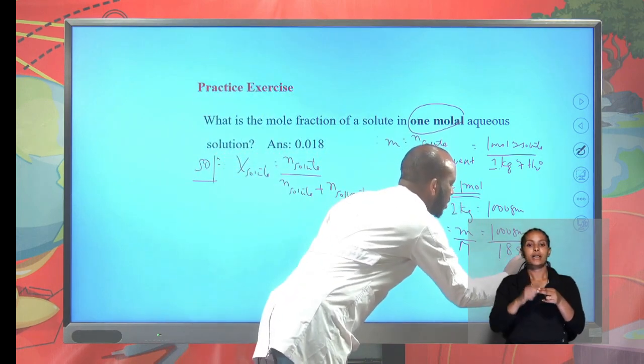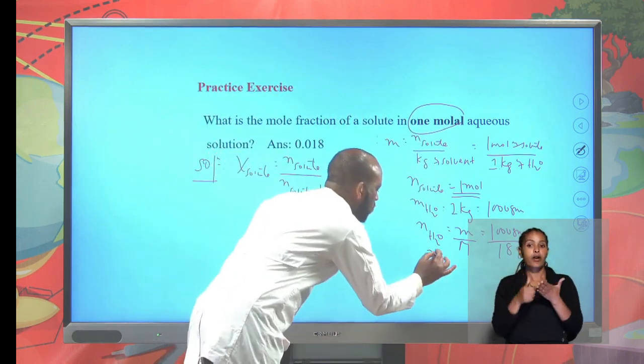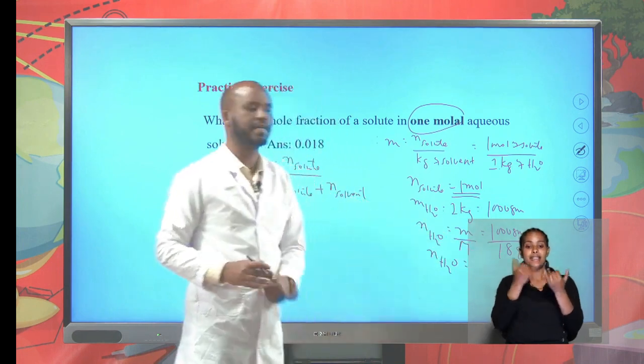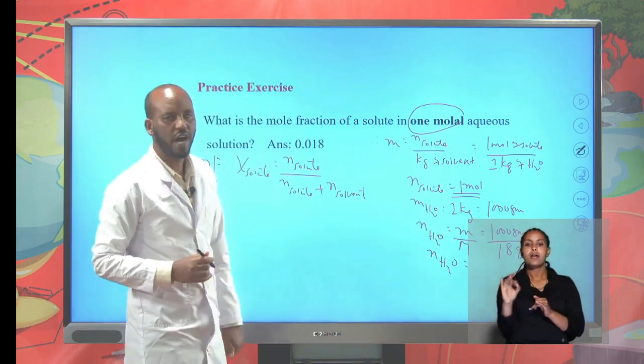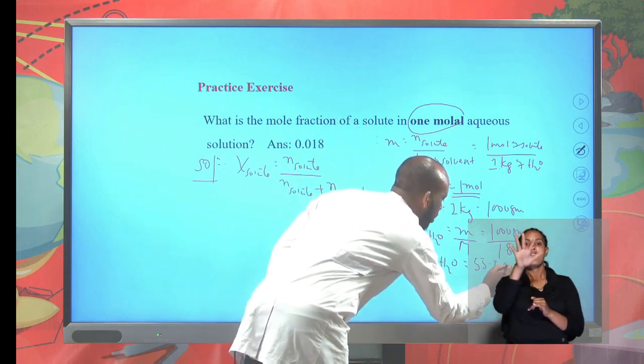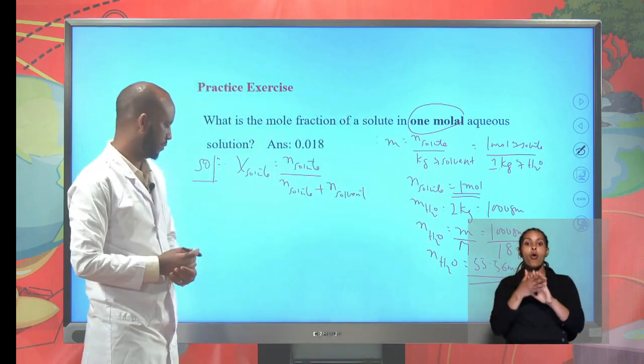Therefore, number of moles of water equals 1,000 divided by 18, which is 55.56 mole. This is the number of moles of water.